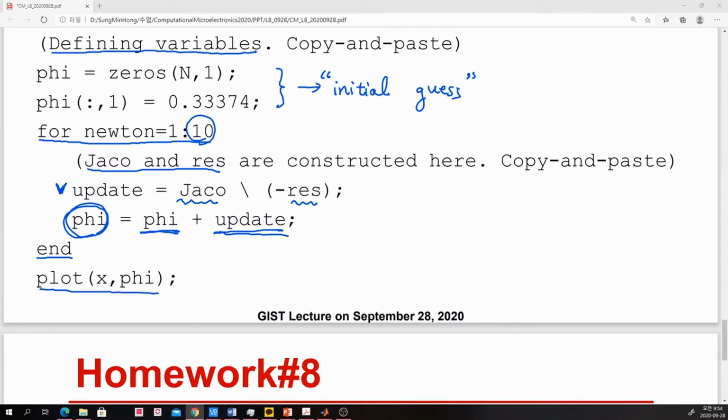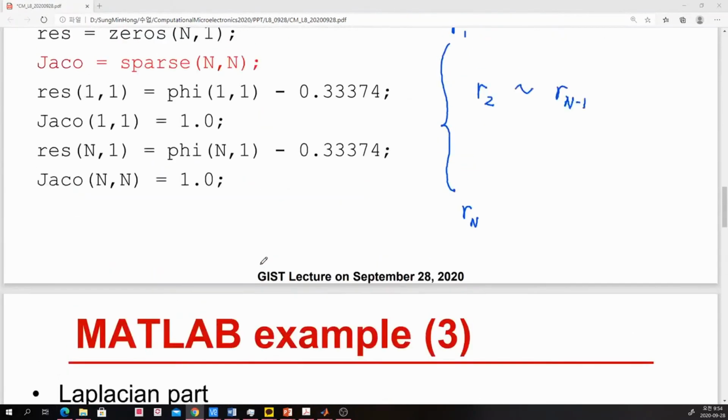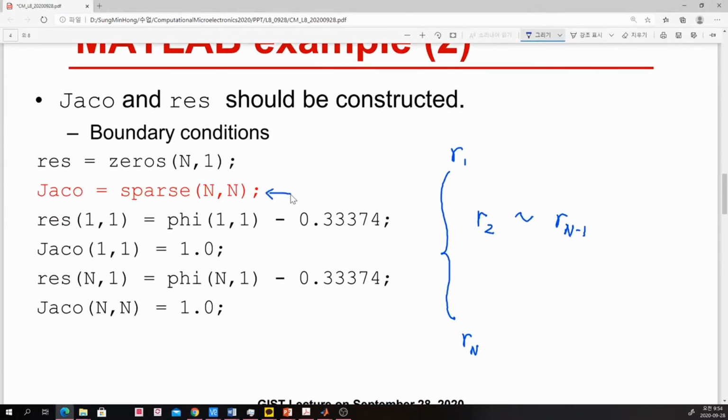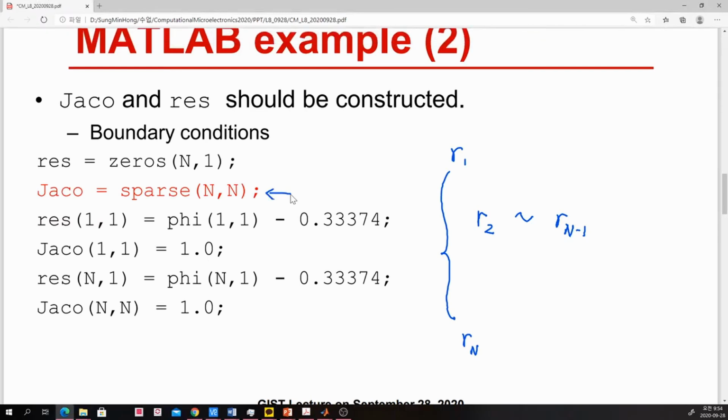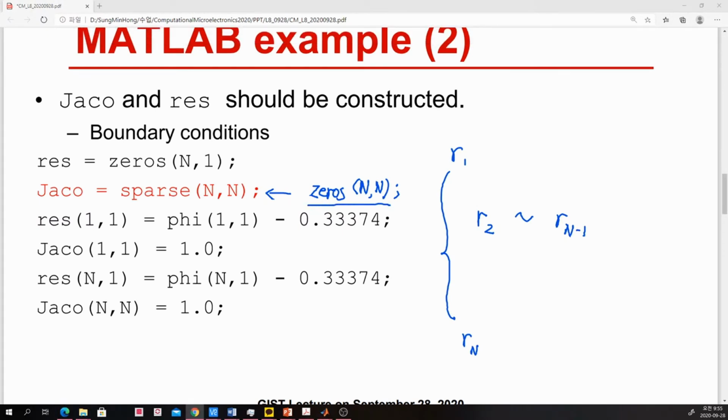When we define the Jacobian matrix in this MATLAB example, I have used the sparse command instead of the predefined zeros command. In MATLAB, if we have to create an n by n null matrix, the default first trial would be zeros of n comma n.